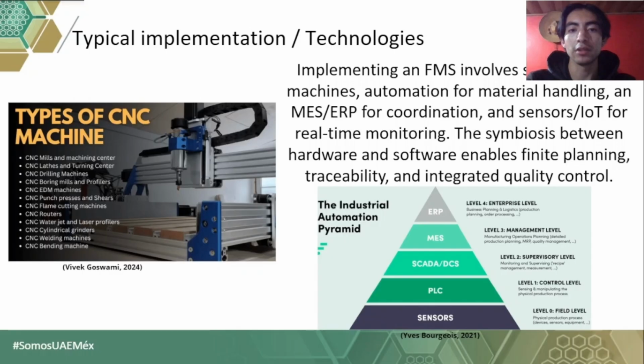This is combined with automated guided vehicles or rail systems that manage the continuous flow of materials and tools. The entire operation is orchestrated by sophisticated software: ERP handles the high-level business functions, whilst the MES, manufacturing execution systems, acts as the real-time coordinator handling job sequencing and resource allocation on the shop floor.